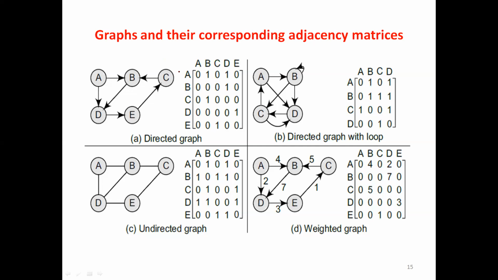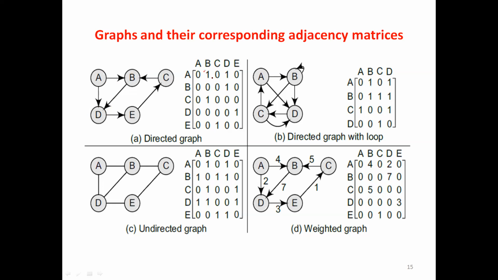When you take the first vertex A, who are all the adjacent nodes to A? Since it is a directed graph, I can find only the neighbors of A: B and D. B and D are the only neighbors of A.